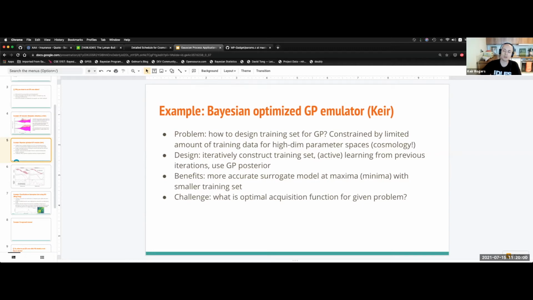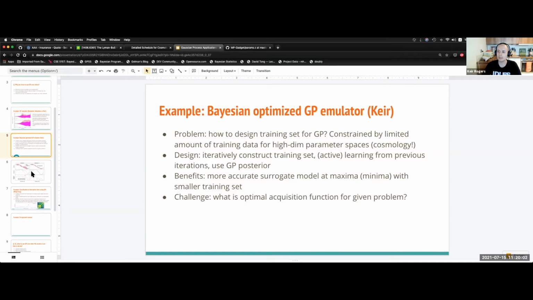Then you iteratively build up the training set, and at each stage, you add simulations balancing two things to get better accuracy in the emulator. You tend to add simulations where the Gaussian process variance is high, but you also favor regions of high posterior probability, so you tend to throw them in at the peak of the posterior.